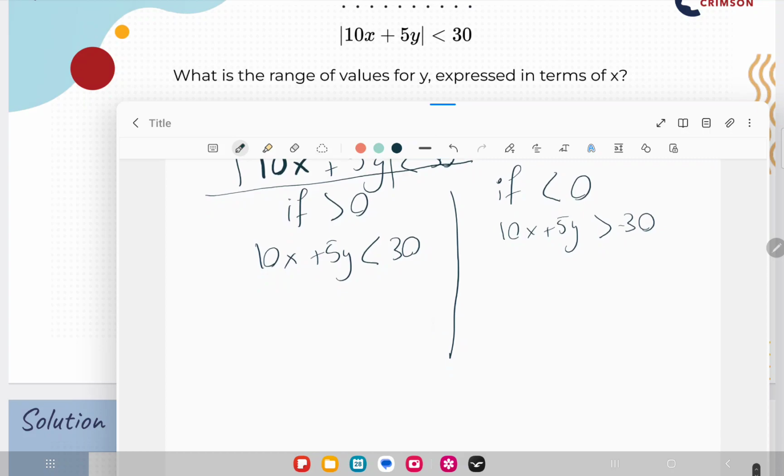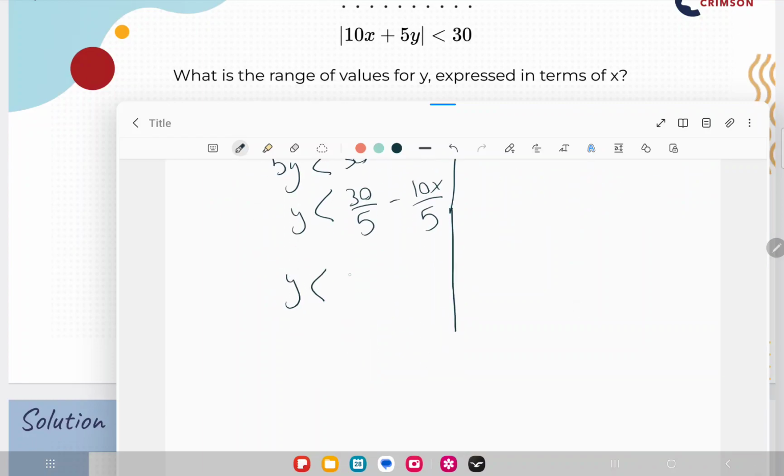Now, I need to get the y. So 5y is less than 30 minus 10x, so y is less than 30 over 5 minus 10x over 5.